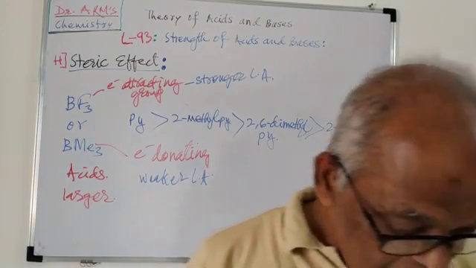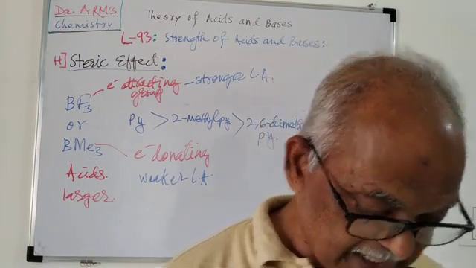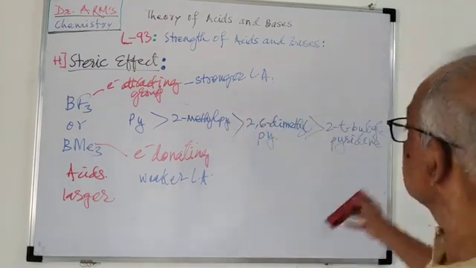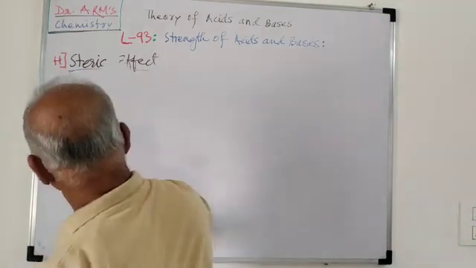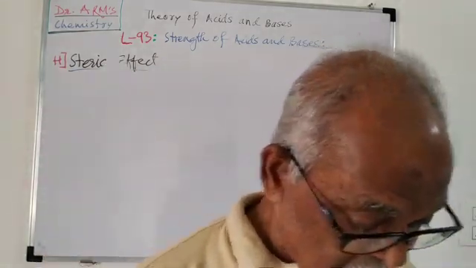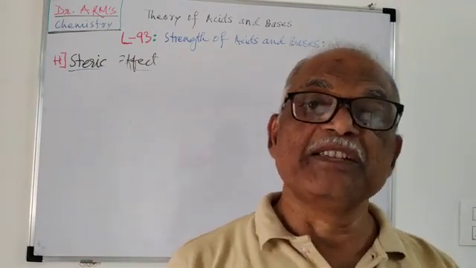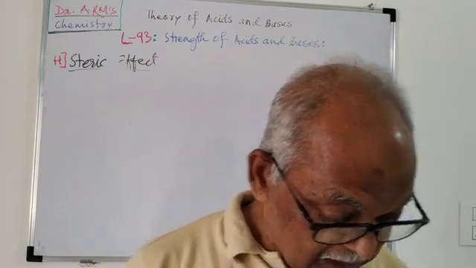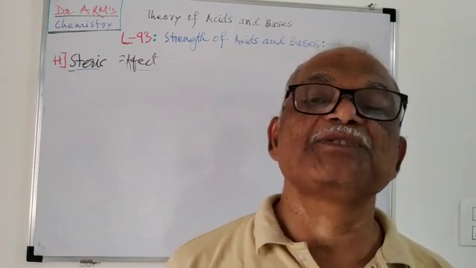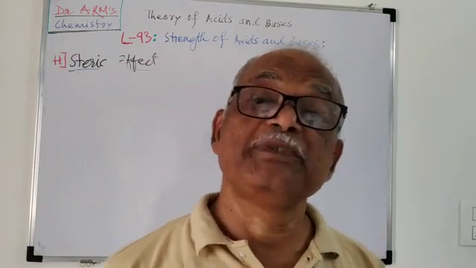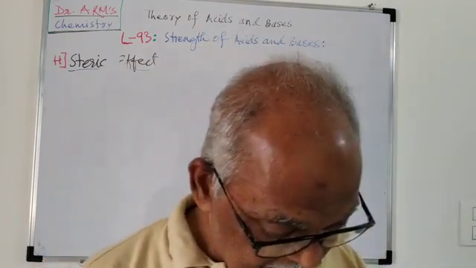So here the reactions of methylamines show that the strength of the base is also measured in terms of the enthalpy change, and on that basis we can also determine the order of the strength of the base or the order of the strength of the acid.